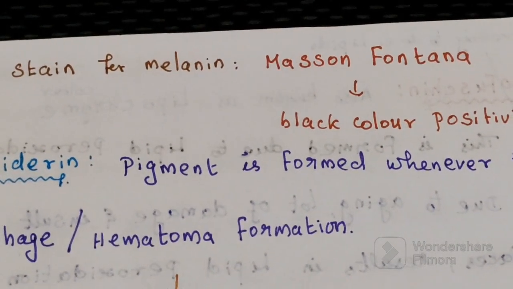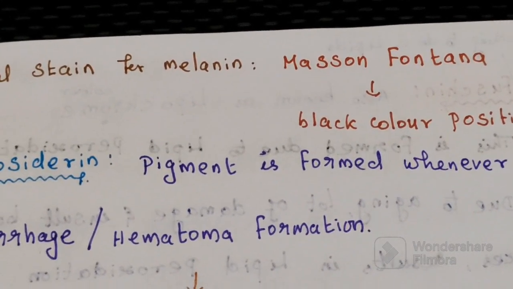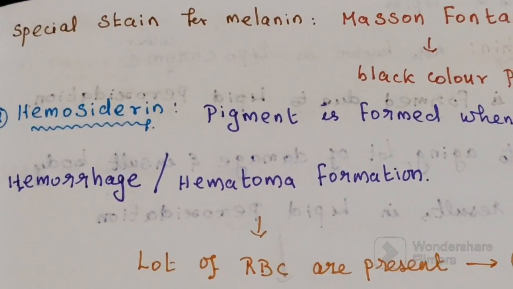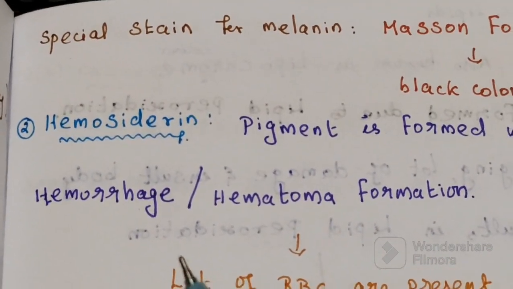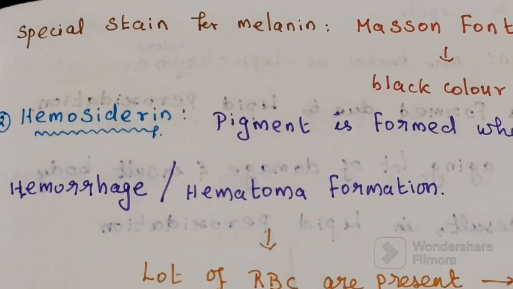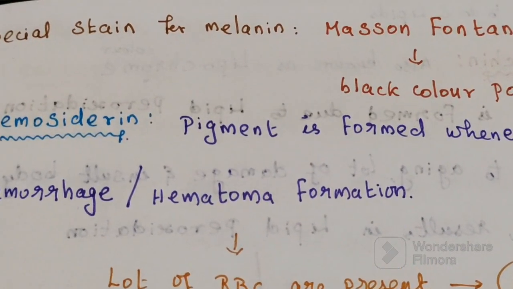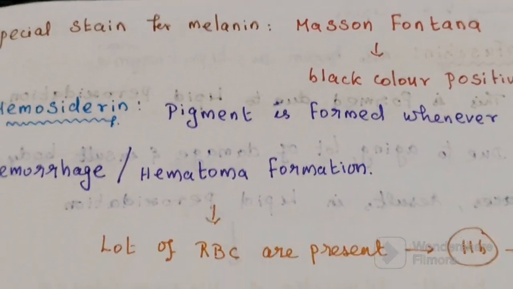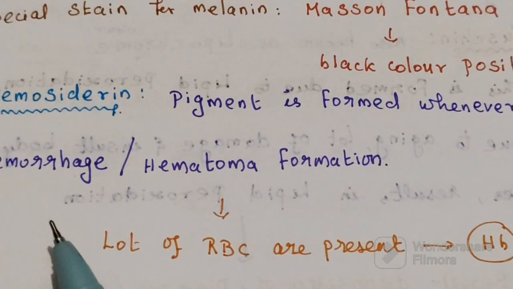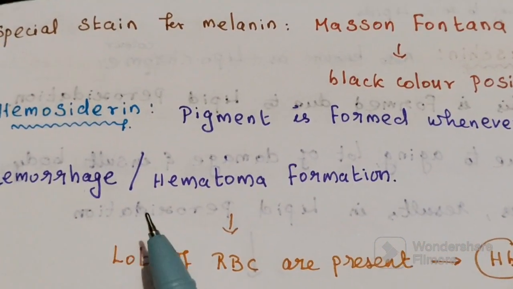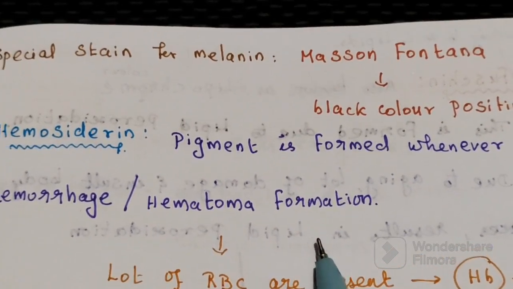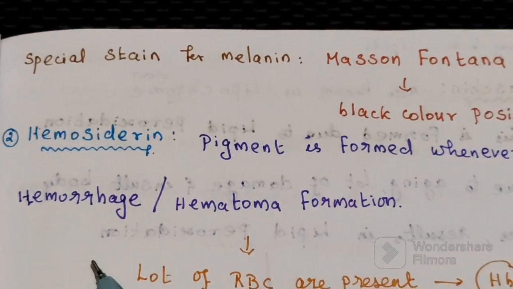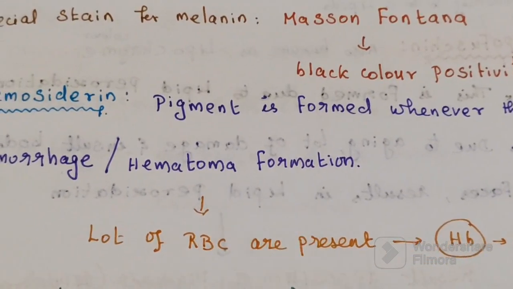So this was the first pigment we discussed. Let's move on. The second pigment is called hemosiderin. What is hemosiderin? It is a pigment formed whenever there is hemorrhage or hematoma formation.